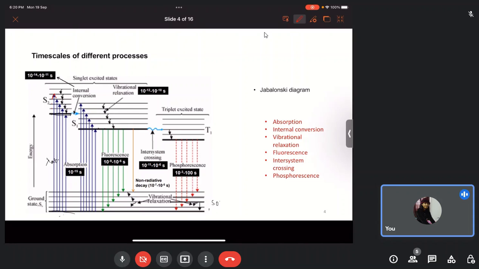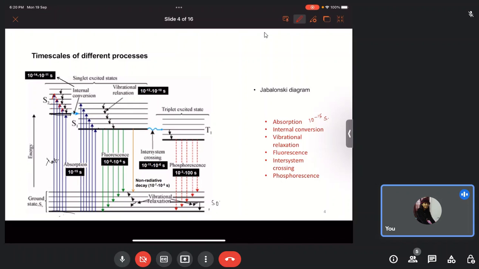Likewise, you can see that excitation happens to any of the vibrational energy levels in one of the excited states. The time scale of absorption processes is 10 to the power minus 15 seconds, and immediately it can undergo various radiative and non-radiative relaxation pathways.